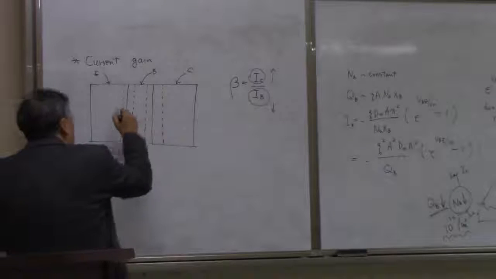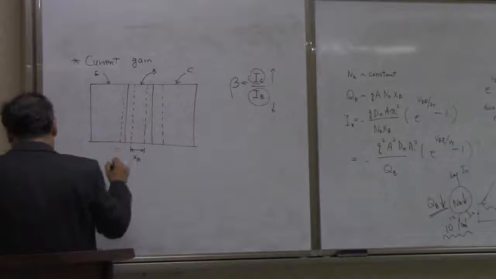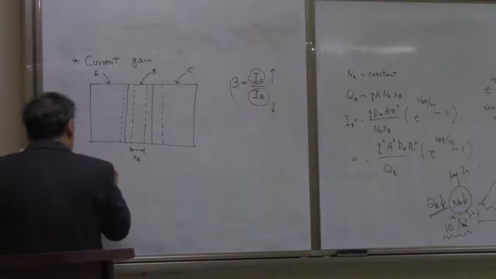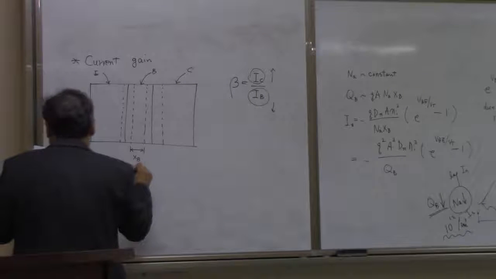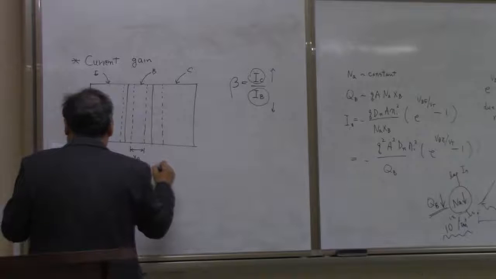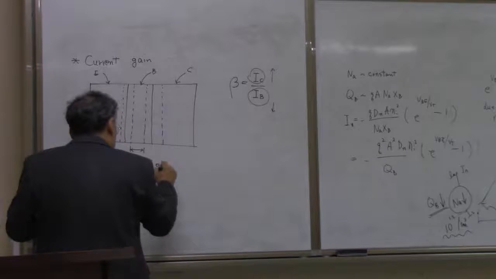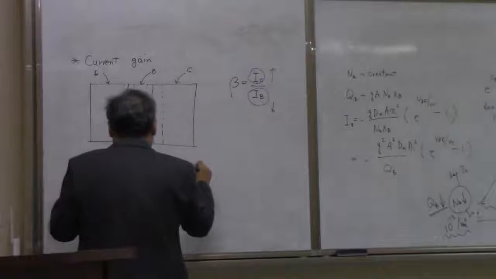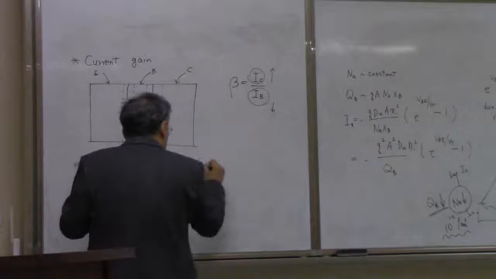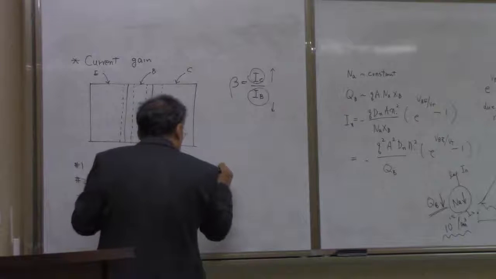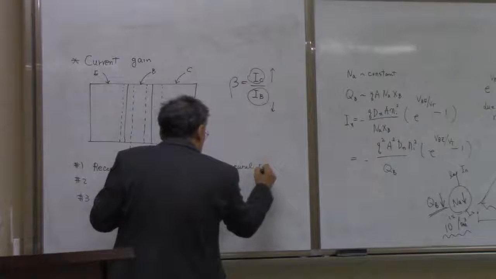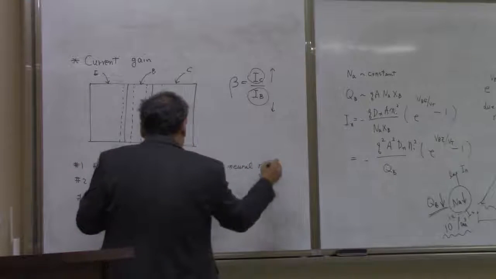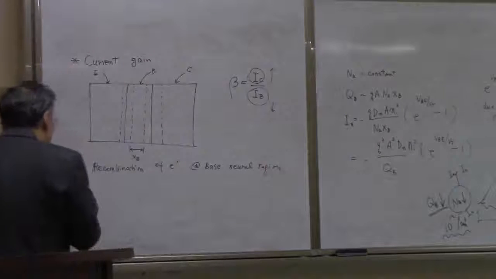The one thing is the recombination of electrons at the base neutral region, right?